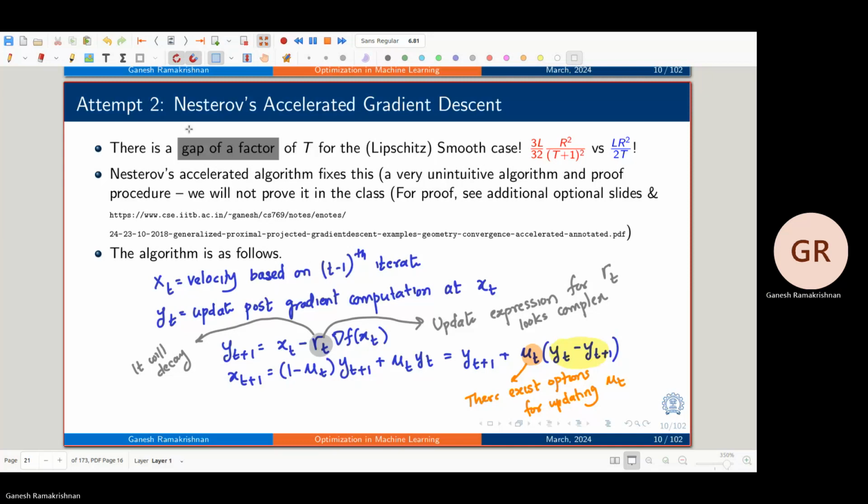And then what you do is prepare for the next gradient update. Compute the momentum. So now you have y_{t+1} and you compute the momentum: x_{t+1} is a momentum update.